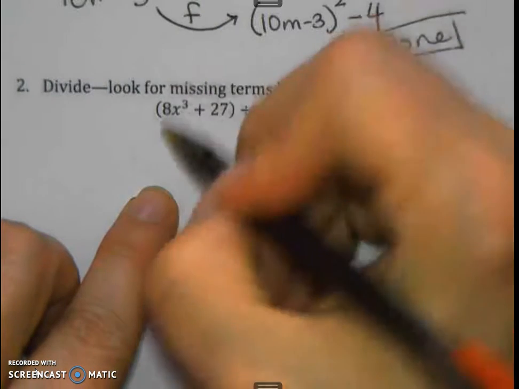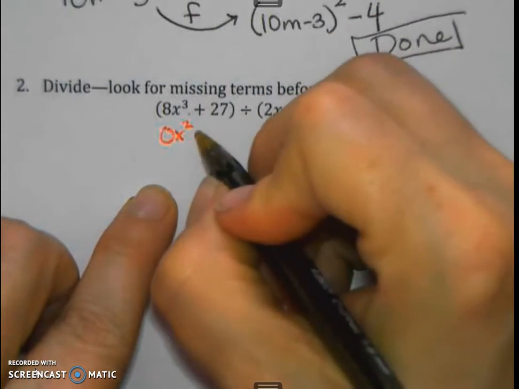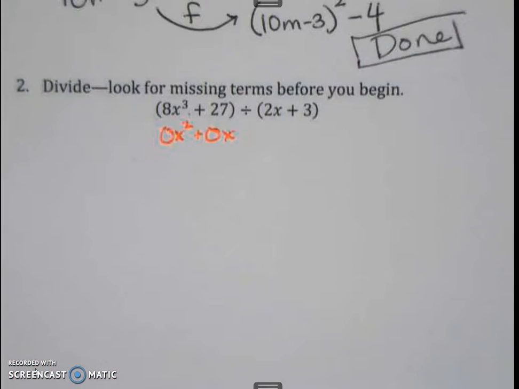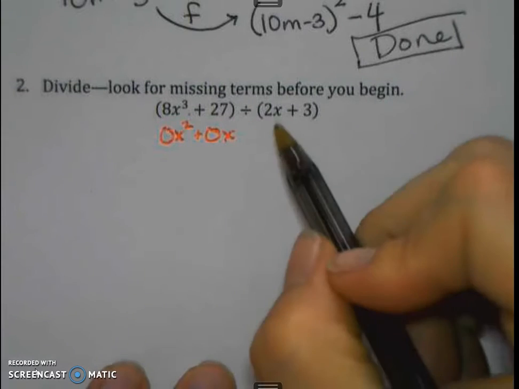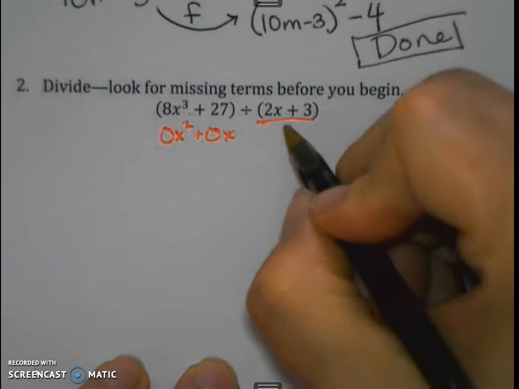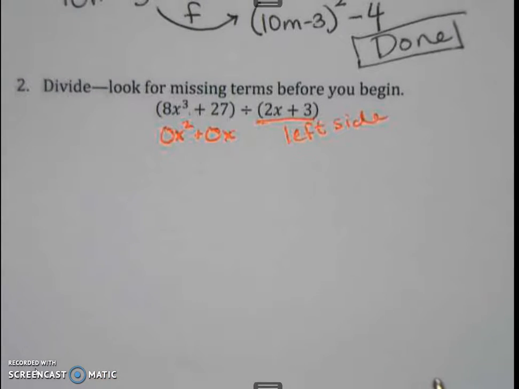So we need to put 0x squared, 0x, and then 27. Luckily, this part that goes on the left-hand side, it has everything it needs, so we don't have to fuss with it.